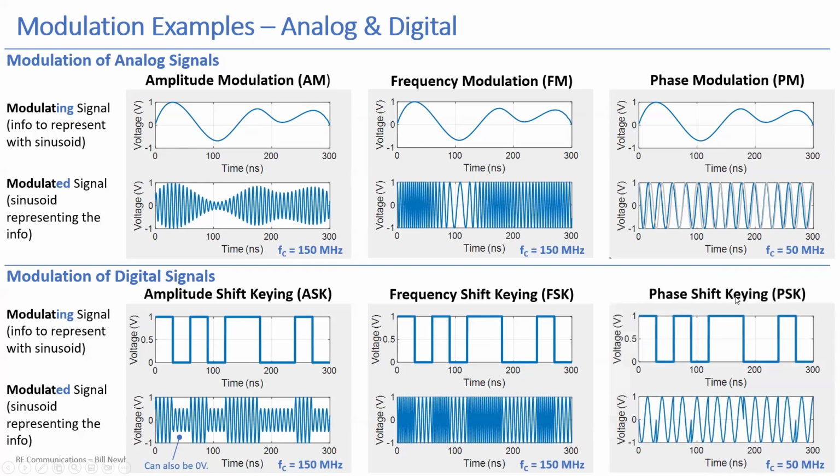And here's phase shift keying. Again, with this extreme example of rectangular pulses here, highs and lows, these binary bits. What I'm doing is shifting the phase based on whether the value is high or low.